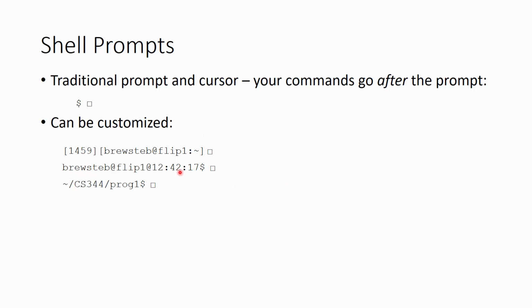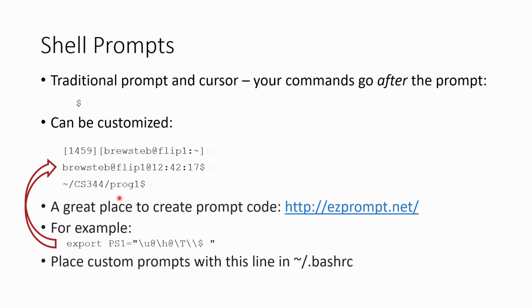So here's another version of it, and this one has the time of day integrated into it, and this one has the current directory that I'm in as part of it. So you can change what the prompt of the shell looks like to match whatever you want. The $ sign at the end is the traditional symbol for bash, the particular shell bash.